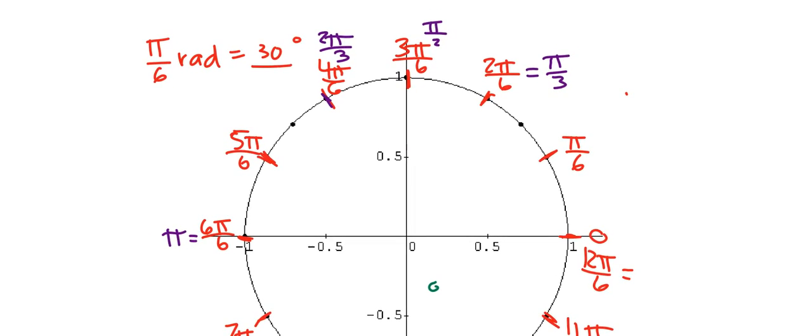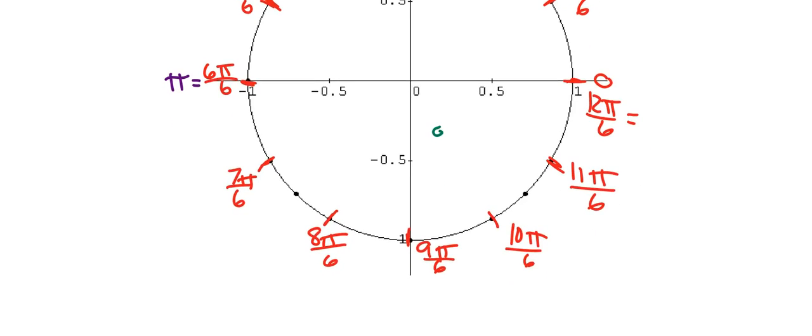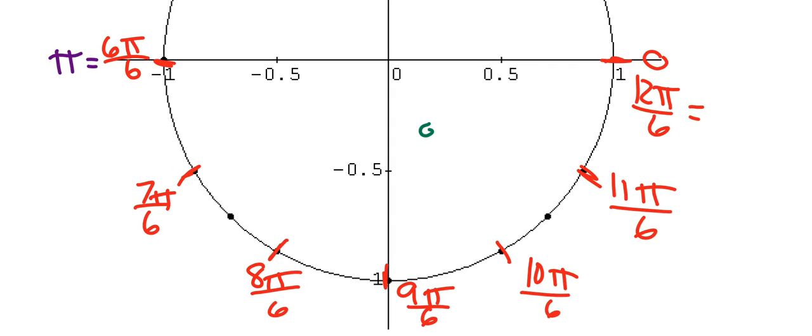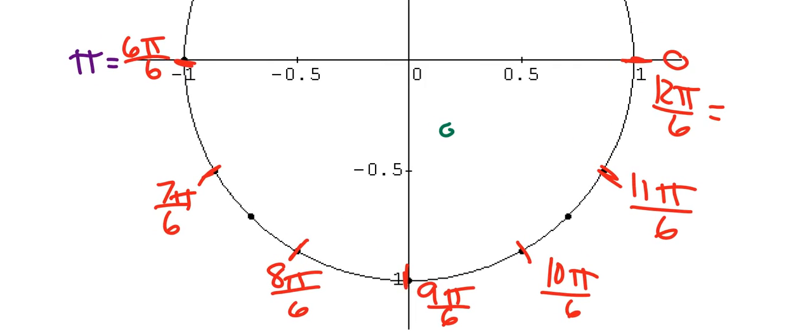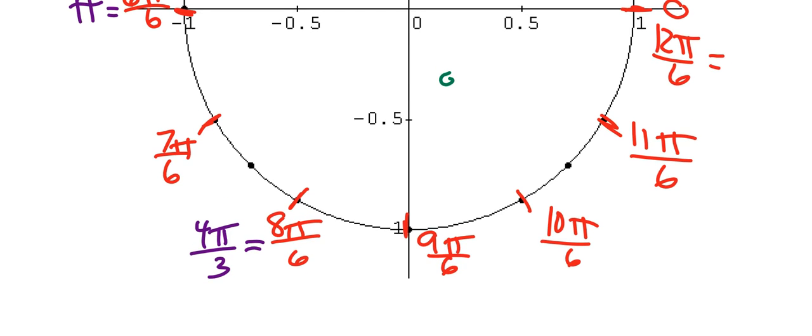Any questions about those that reduced? Okay, now let's go down to the bottom half. We got 4/3 pi, or 4 pi over 3. You can call it either one. What about the one at the bottom? 3 pi over 2. Okay, what about 10 pi over 6?